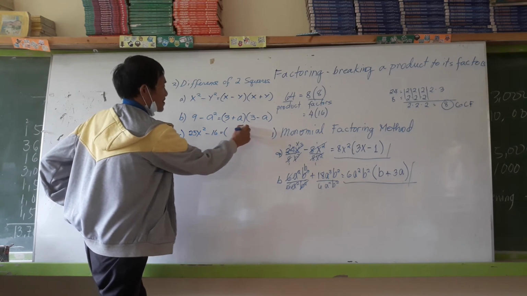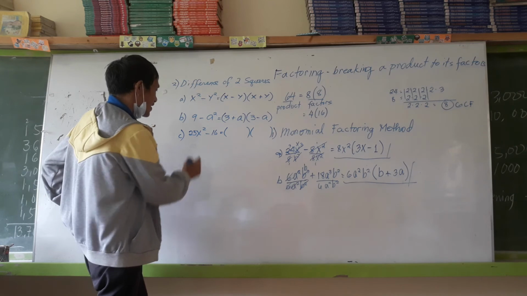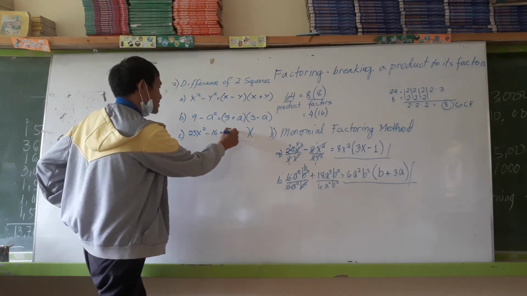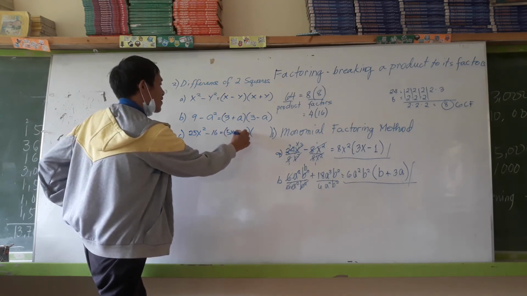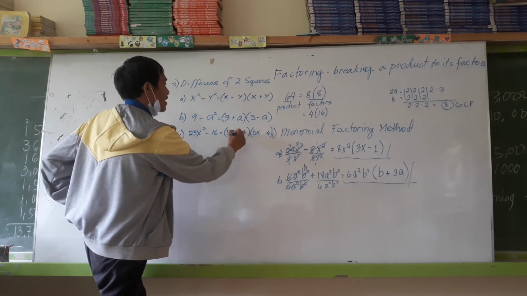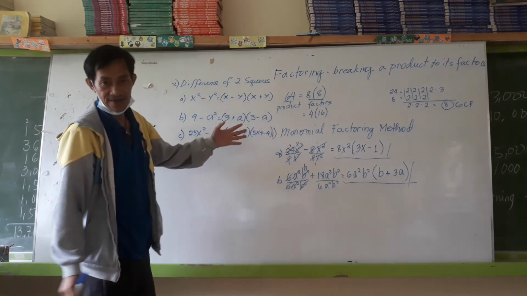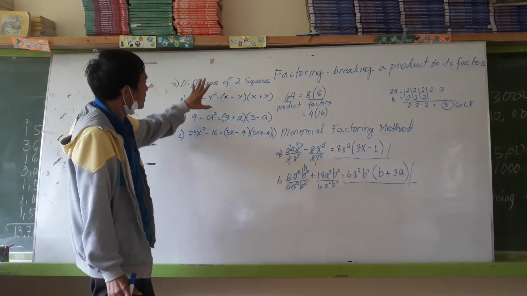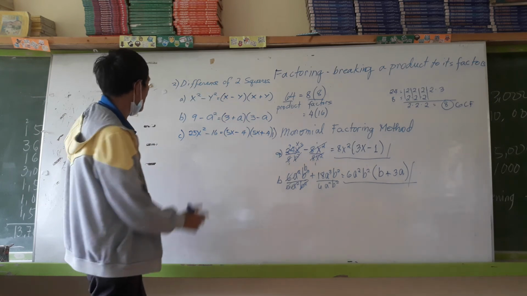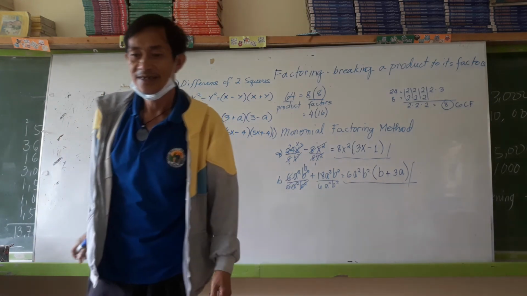So as I told you, get the square root, that is 5x. Then 4. 5x. Then 4. Then alternate the sign. Minus, plus. There. That's how we're going to get the factors of a difference of two squares.